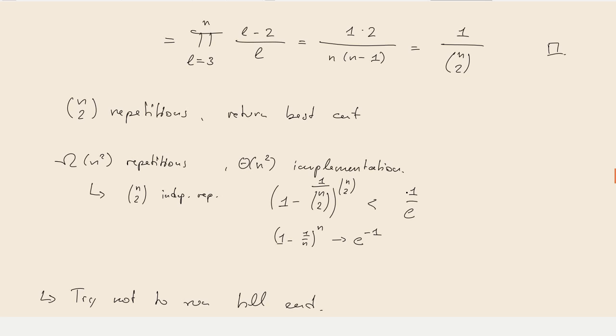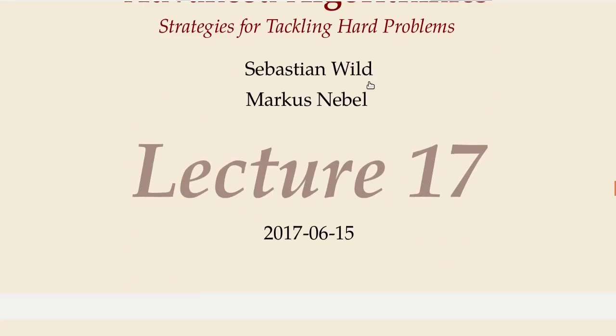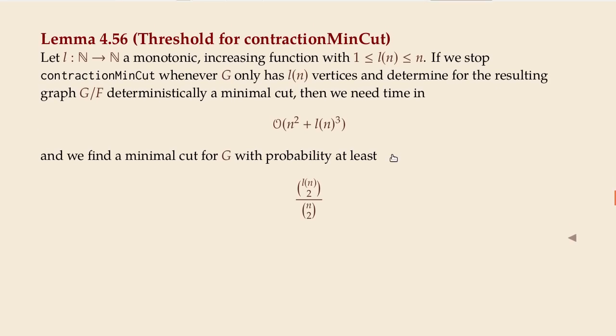If we actually would like to have an algorithm with a larger one, if we want to amplify that probability, we need even more repetitions. So in this basic version, the algorithm is actually an n to the 4 at least algorithm for the min cut problem, and as such worse than the best deterministic version. We can improve that.